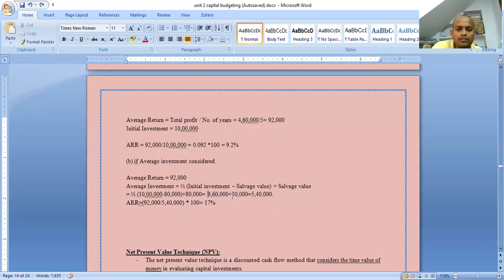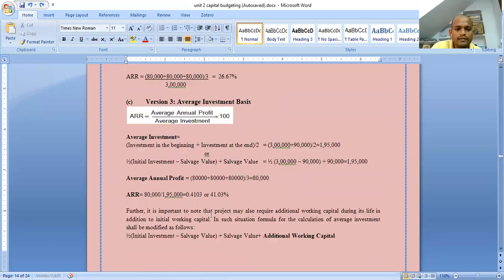We have to add the salvage value again, so it comes around 5 lakh 40,000. So accounting rate of return is average return by average investment, which comes around 17 percentage. This is how we have to calculate the accounting rate of return.